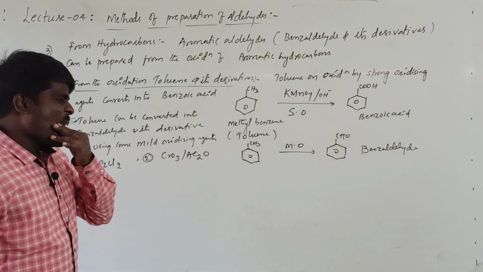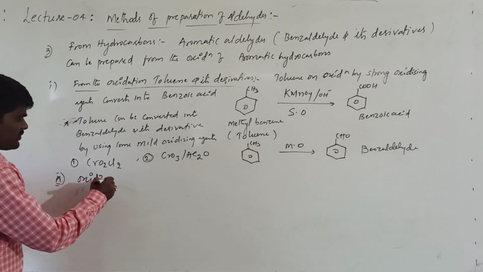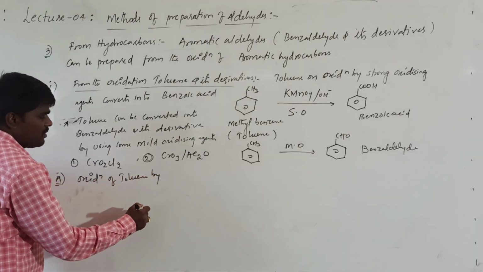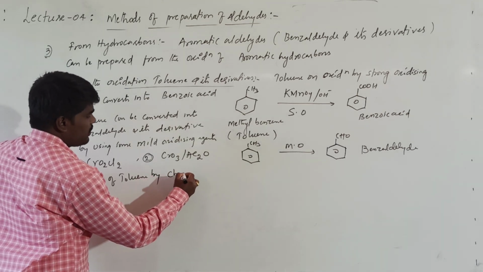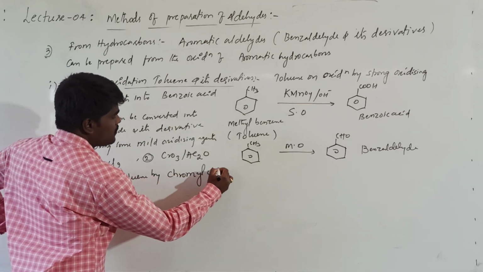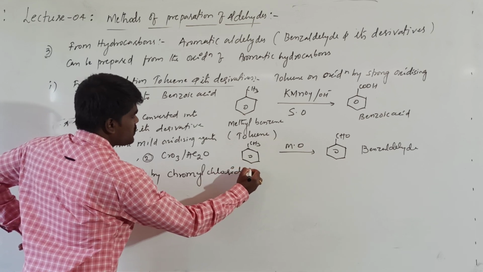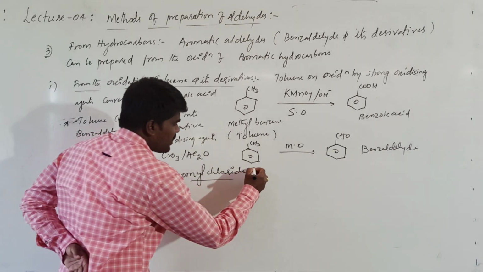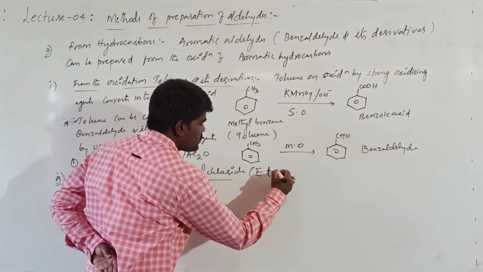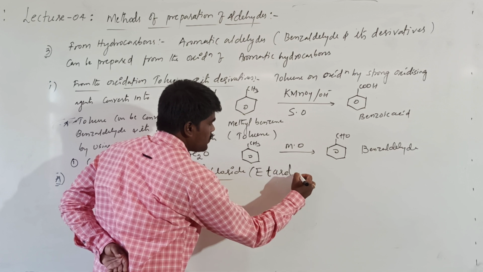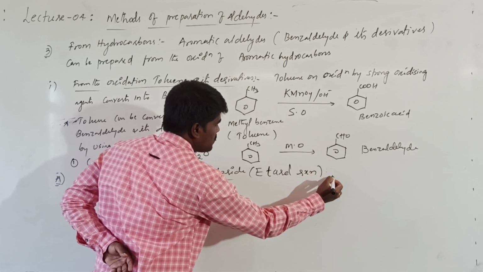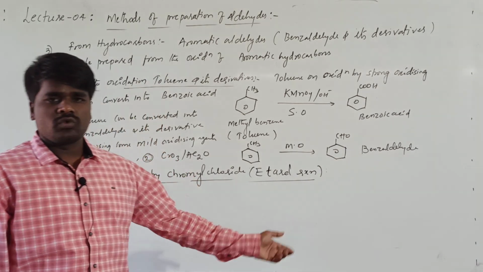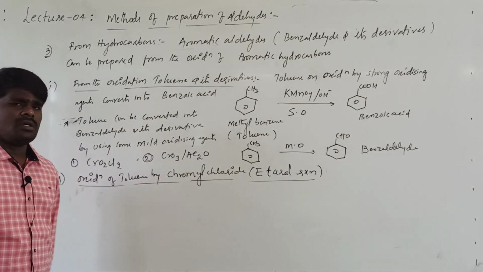Now let us see the first one, oxidation of toluene by chromyl chloride. It is a particular named reaction which is also called the Etard reaction. These types of named reactions are very important for the 2 marks questions, such as Rosenmund's reaction, Stephen's reaction, Etard reaction.